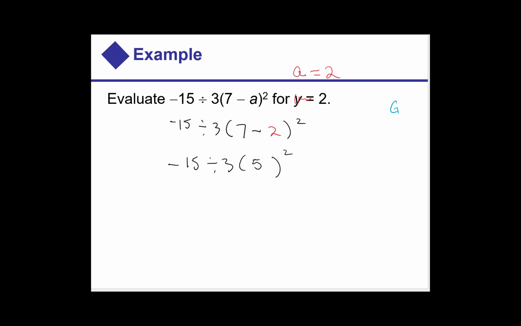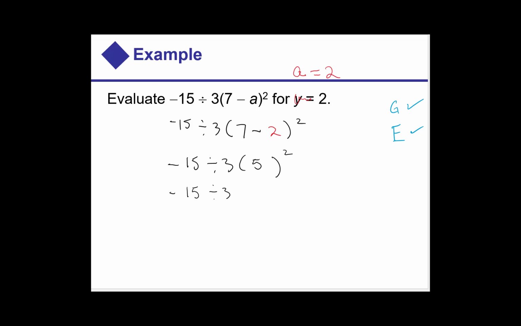We're done. Well, we're done with the first thing. After groups, what goes next? We look for exponents. Okay? And it turns out there is an exponent. Look left to right and do all the exponents, and there is one. 5 to the second power. So we'll have negative 15 divided by 3.